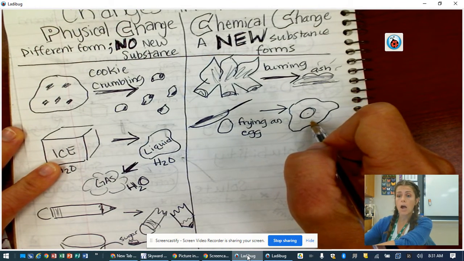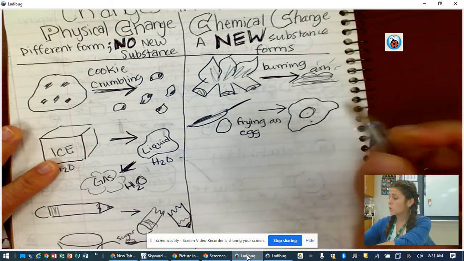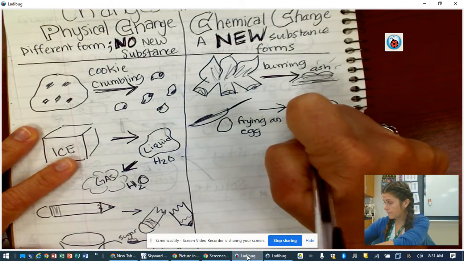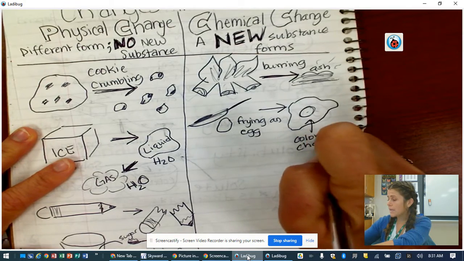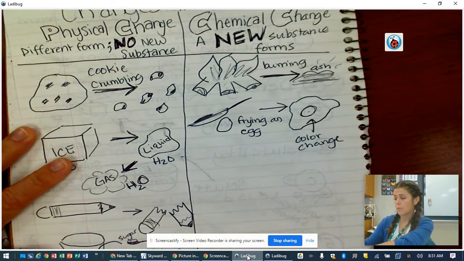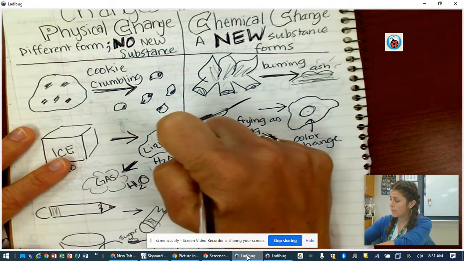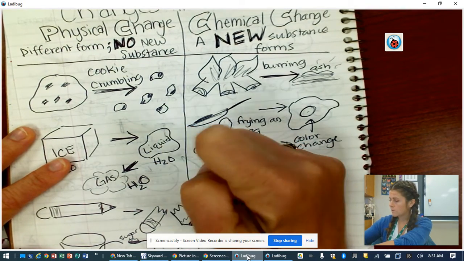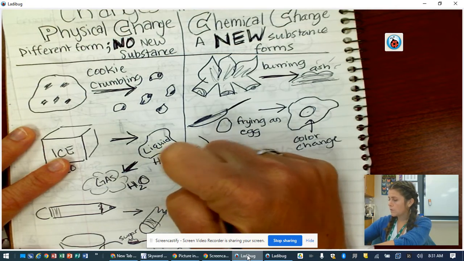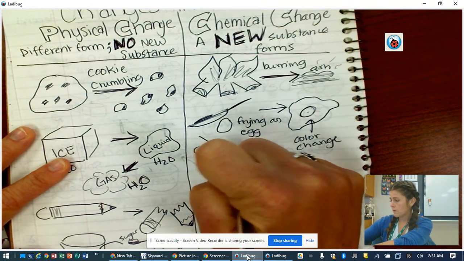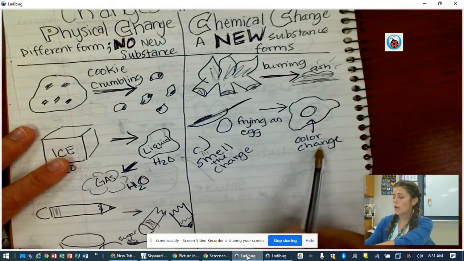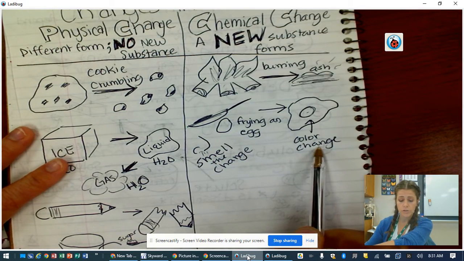The egg whites are pretty much clear. So we see a color change occur. And that is one way that we can tell a chemical change has occurred. So one is smelling. You can smell the change. But then you can also see the color change.